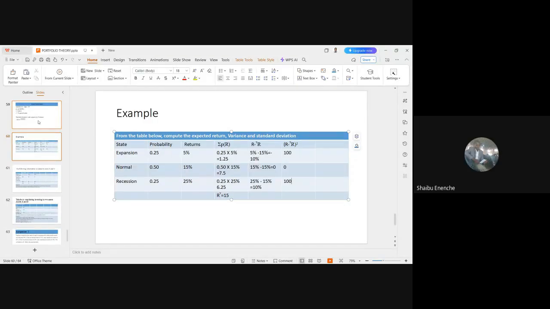Sorry, sir, I don't know how to square it on my calculator. On your calculator, press 1 0, then you see the square function, x squared.